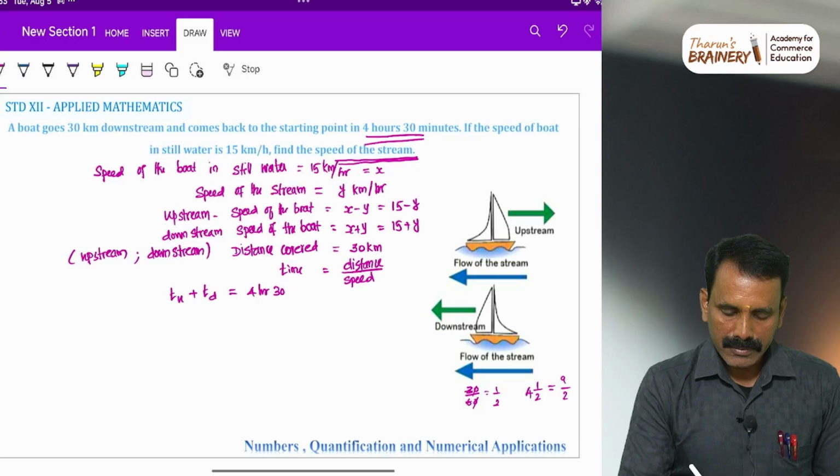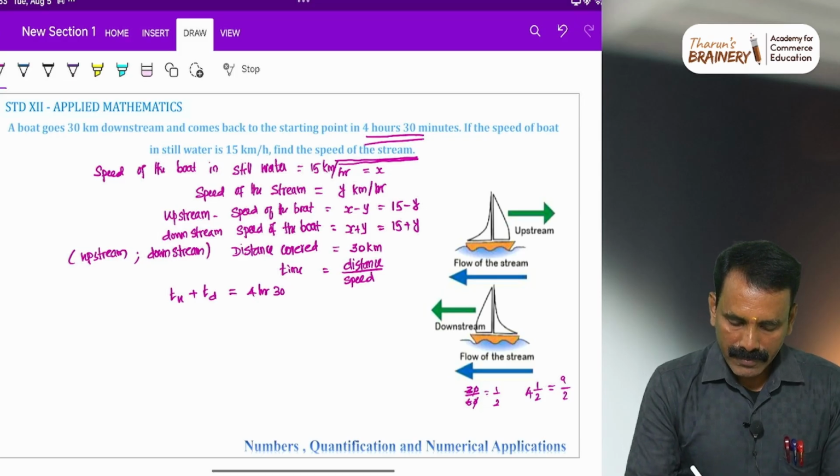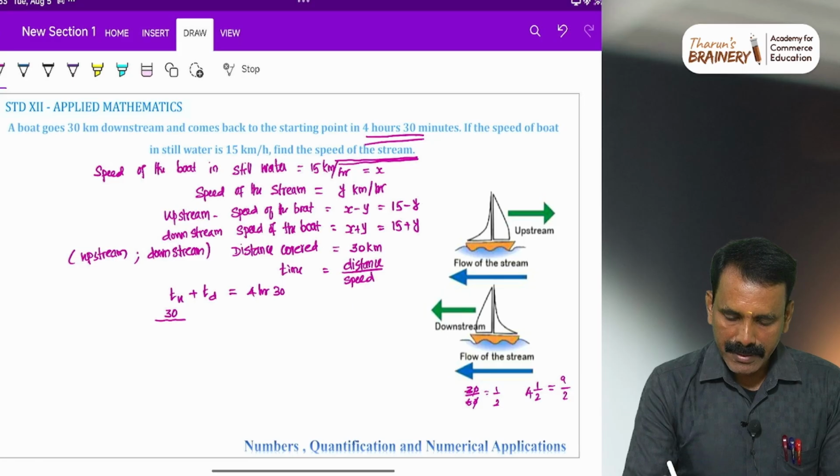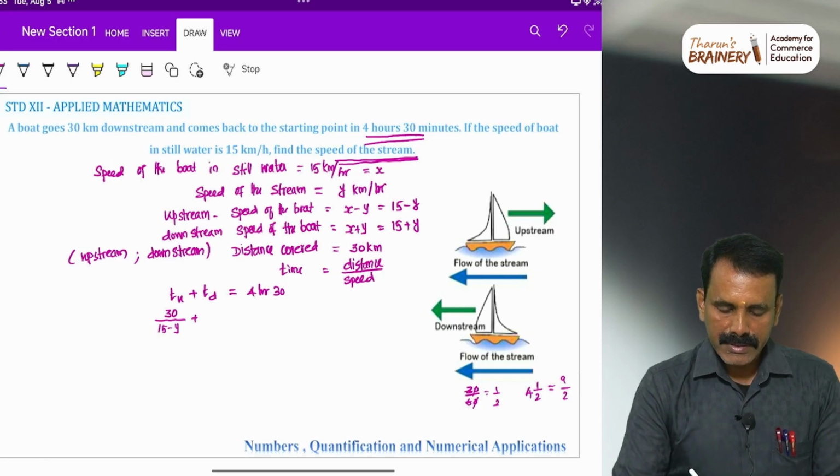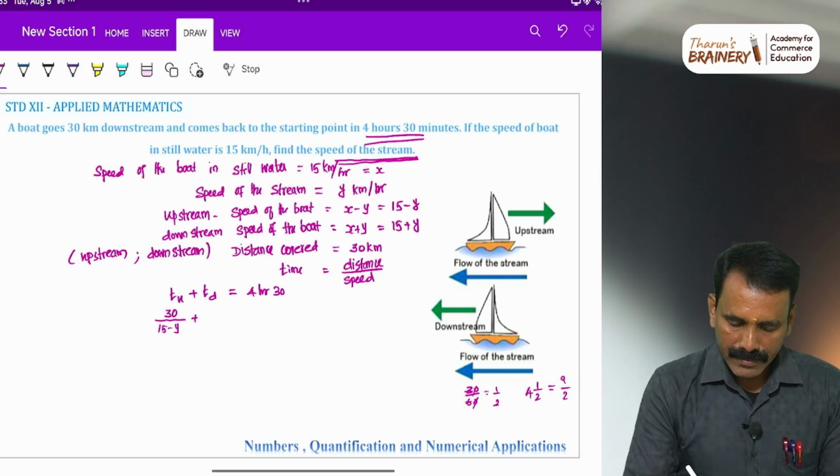So we substitute here. Time for upstream travel, 30 divided by, that is distance by speed, 30 divided by upstream, so 15 minus y, plus downstream, 30 divided by 15 plus y is equal to 9 by 2.